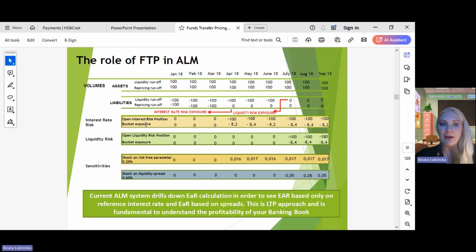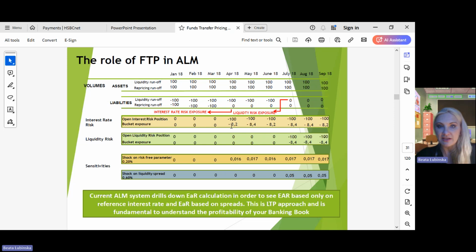And then your bucket exposure is calculated as notional of this position, or the net gap position, multiplied by the length of the time bucket. So in days, sorry, it is days, the bucket term in days divided by 365, and this is how it was calculated.